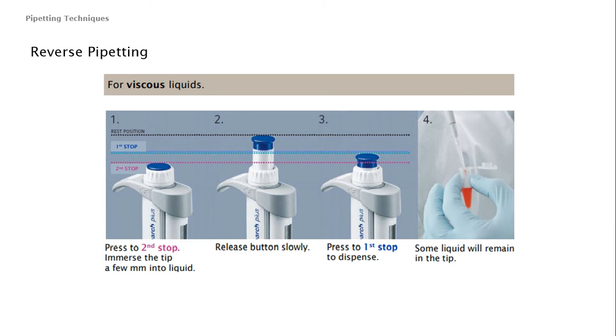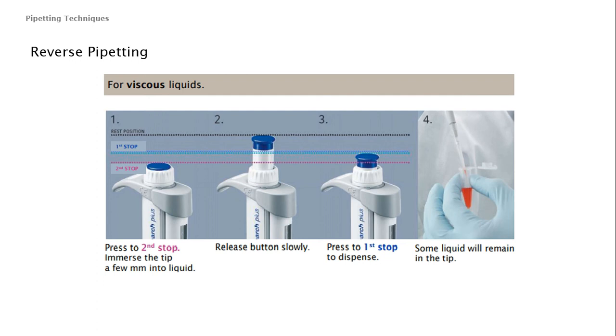So it will aspirate, but remember that it aspirates more than what you need. To avoid inaccuracy in your measurement, once you dispense, you will only dispense until the first step. Then the remaining will be the waste, meaning you don't need that. I only need this one.